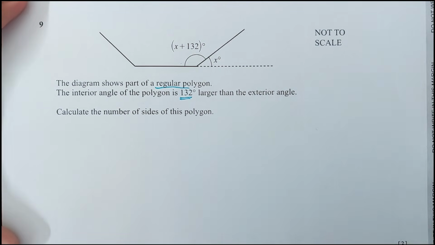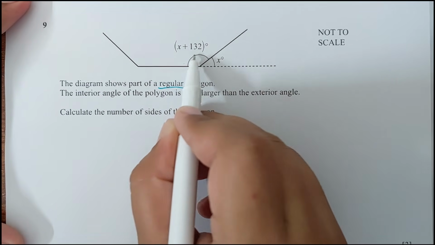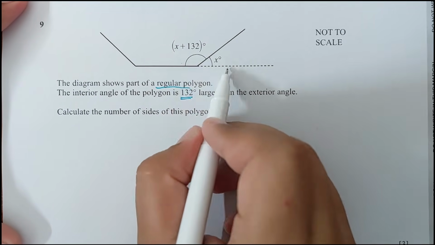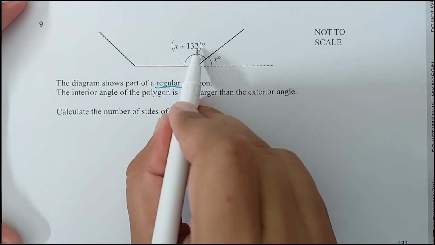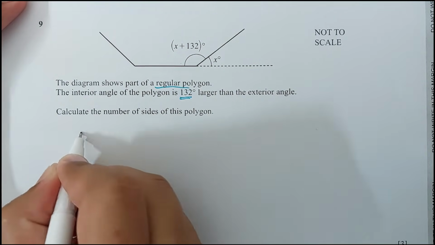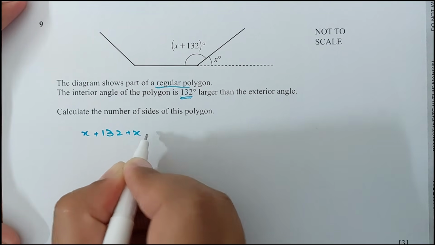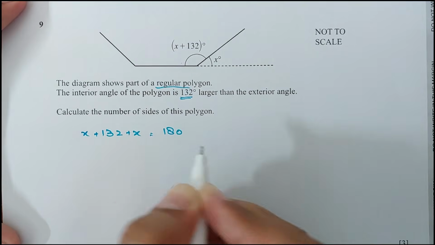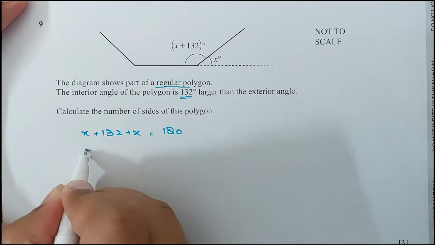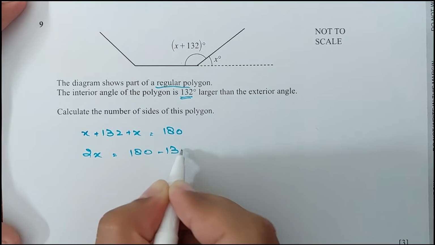All right, so in this question, as we know, this is a straight line. So the sum of angles on a straight line is 180 degrees. So x plus 132 plus x, its sum is 180 degrees. Angle at a straight line is 180. So this is 2x and this is 180. Take away 132.